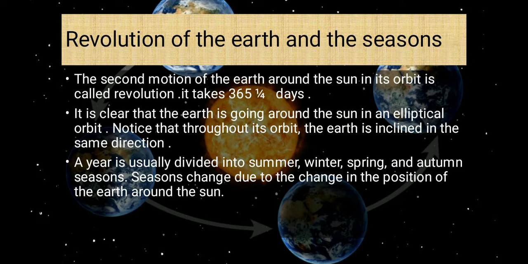When it is near or faces the sun, at that time we have summer. When it is partially far away, then it's winter. Spring and autumn we are going to discuss in our coming slides.